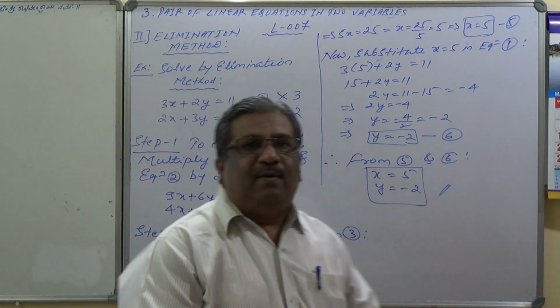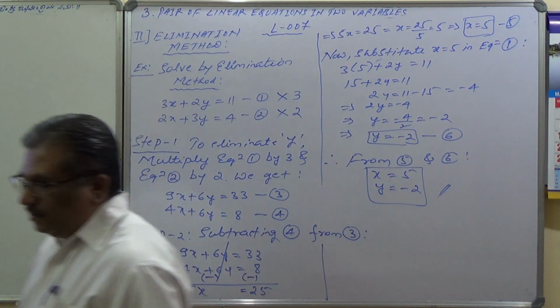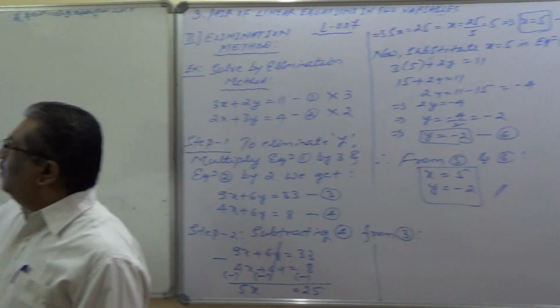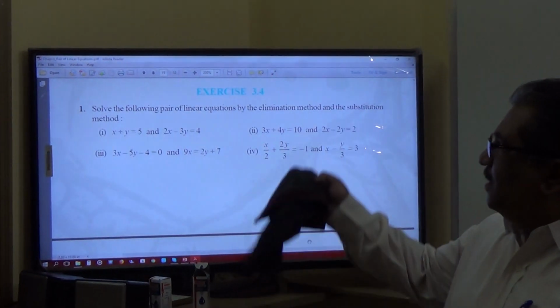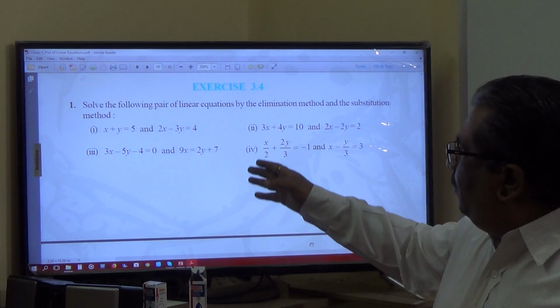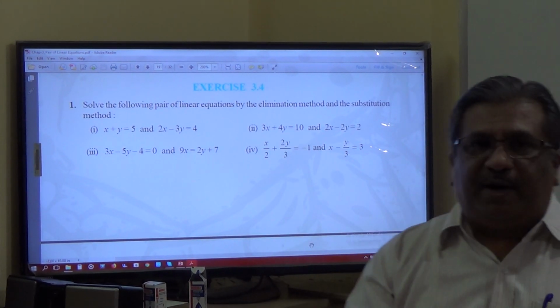Now, let me take some numericals from your textbook. Here, exercise number 3.4. Note down the exercise number 3.4, first question. Few sums I will pick up from the first main of exercise 3.4.